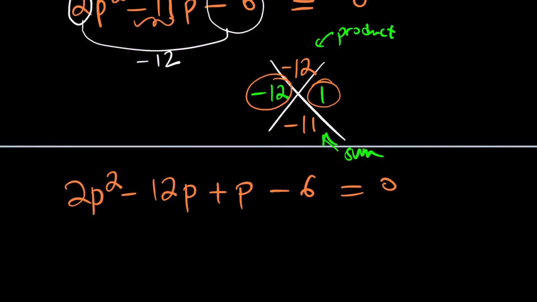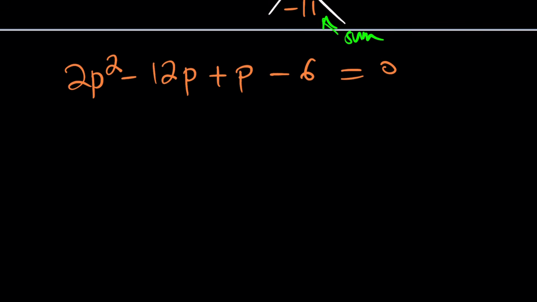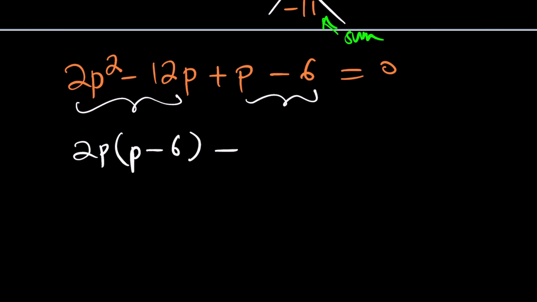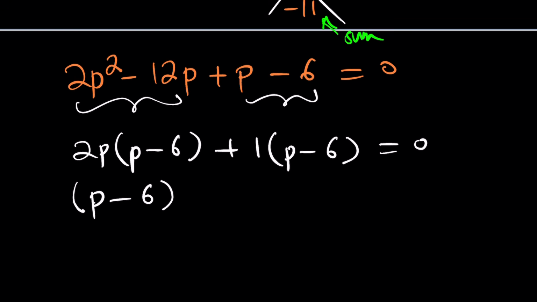This makes it factorable by grouping, which is amazing, don't you think? Now we can go ahead and factor 2p out. That gives us p minus 6. And then plus 1 is a common factor because they don't really have anything else, equals 0. Now you can go ahead and pull the p minus 6 out, and the other factor shows up as 2p plus 1.